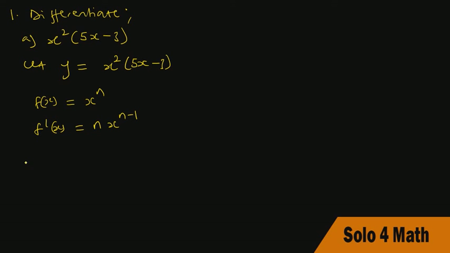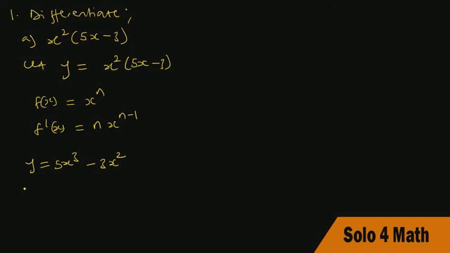So our y will be equal to 5x to power 3 minus 3x squared, if you expand. Now when we differentiate, it is a bit easier because this is in this form and this is also in this form, leaving out the coefficients.